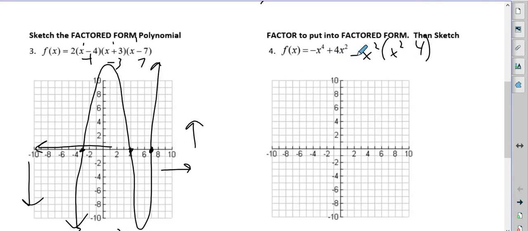I'm going to pull out the negative here to make that positive in front and make this negative. And this is going to factor to x plus 2, x minus 2. So that's going to give me 0, negative 2, and positive 2.